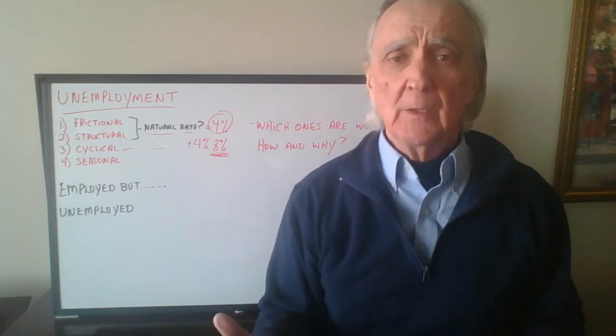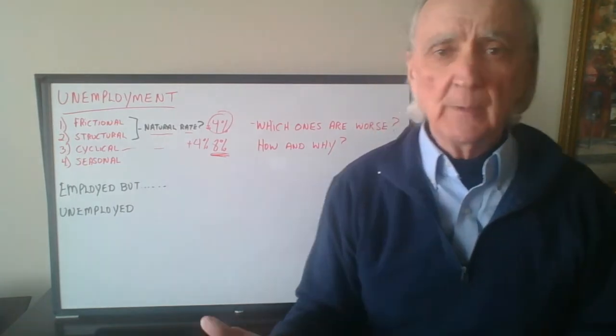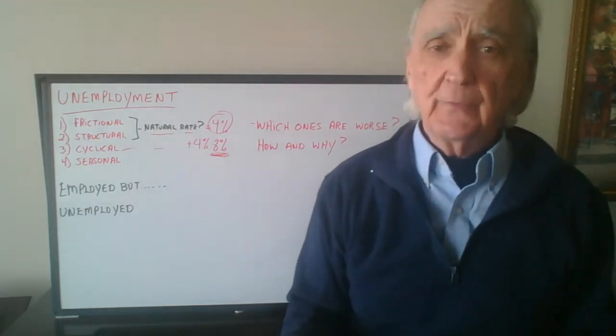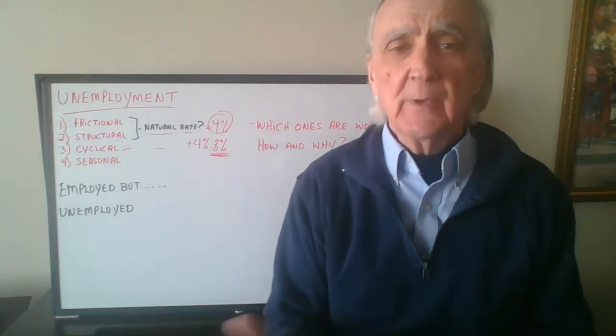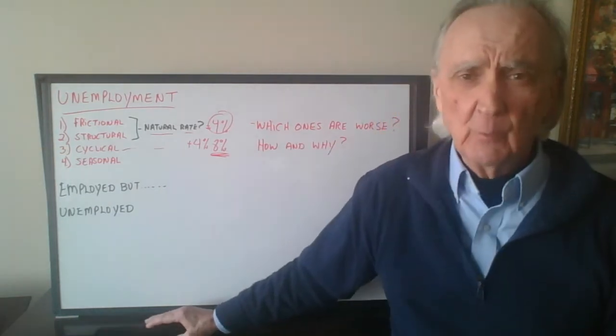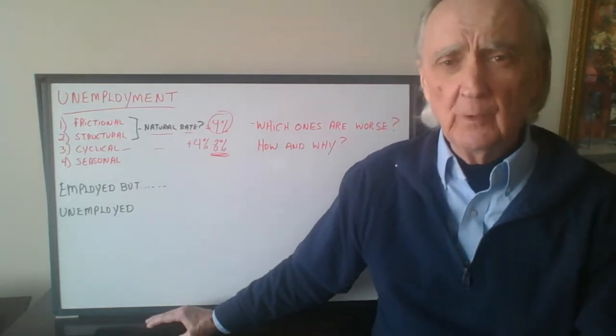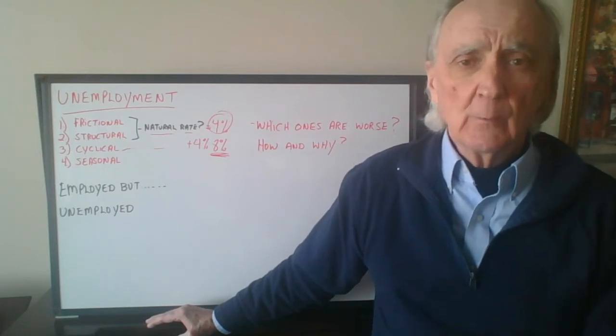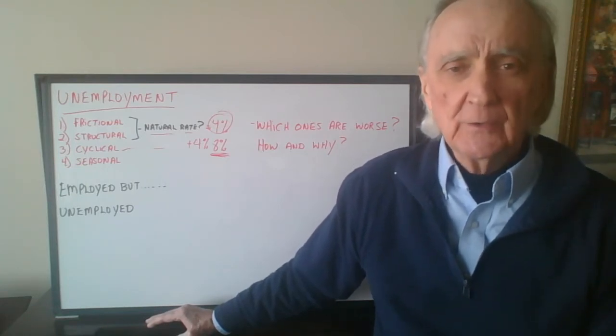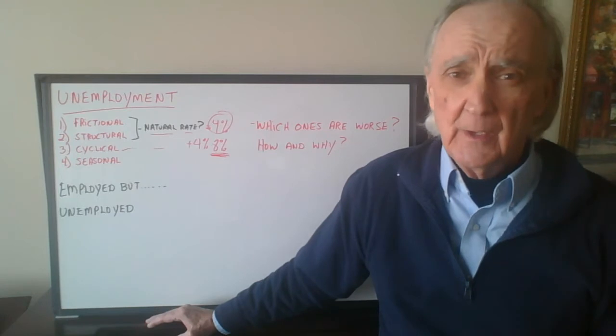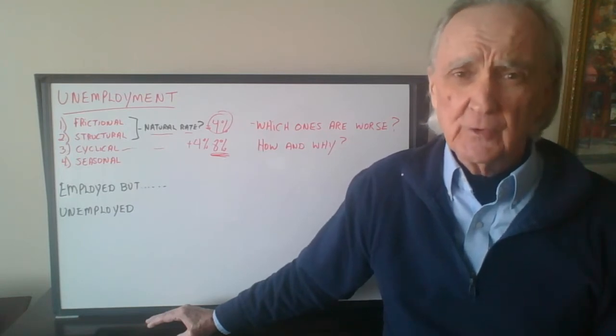Now, employed or unemployed, yes, there are problems with those terms. You can be employed and only be working 25, 26 hours a week, but you can't support a family on 26 hours a week. You want full employment, but the company doesn't want to offer it to you. Well, you're considered employed, unfortunately.